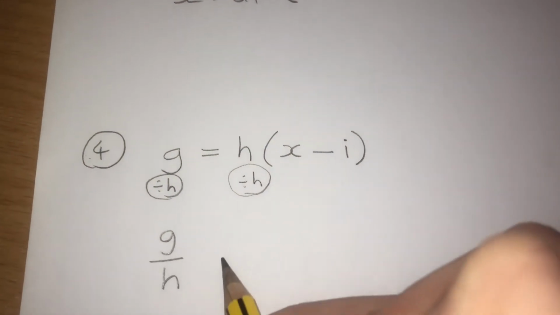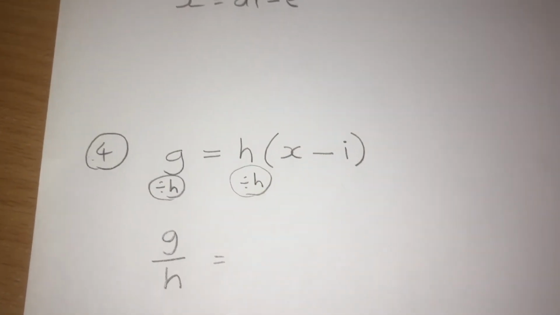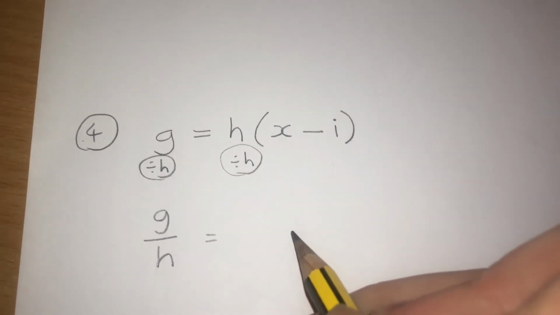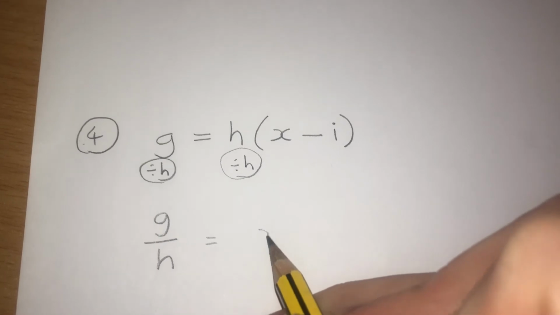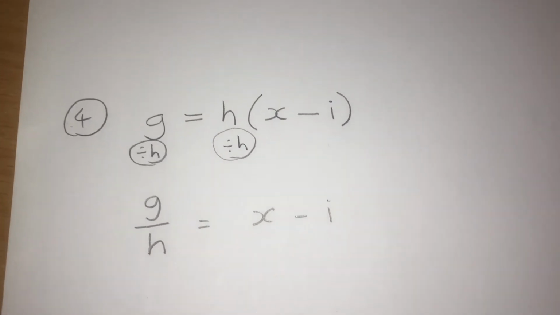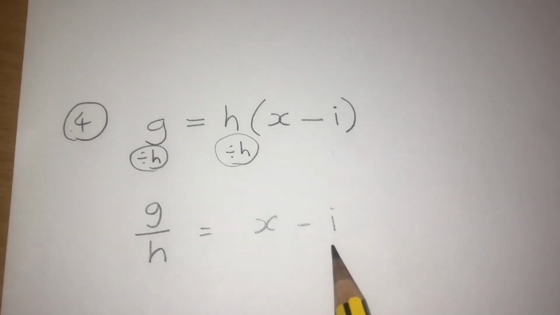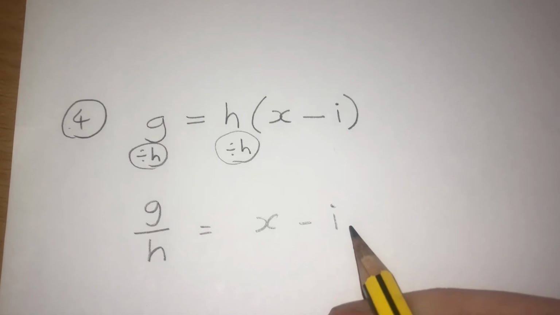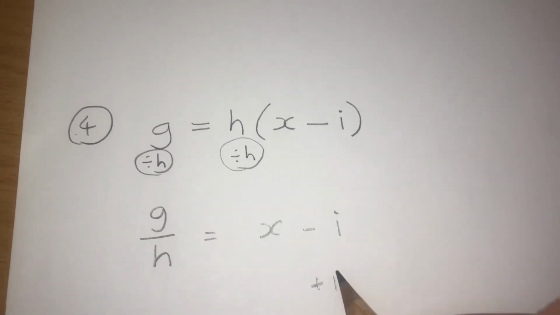g over h is equal to h divided by h, which is 1. 1 times everything in that bracket means that what's inside it stays the same. x minus i. We can now get rid of the bracket. And now I have to get rid of the i. So the i is taken away. So to get rid of minus i, we plus i.